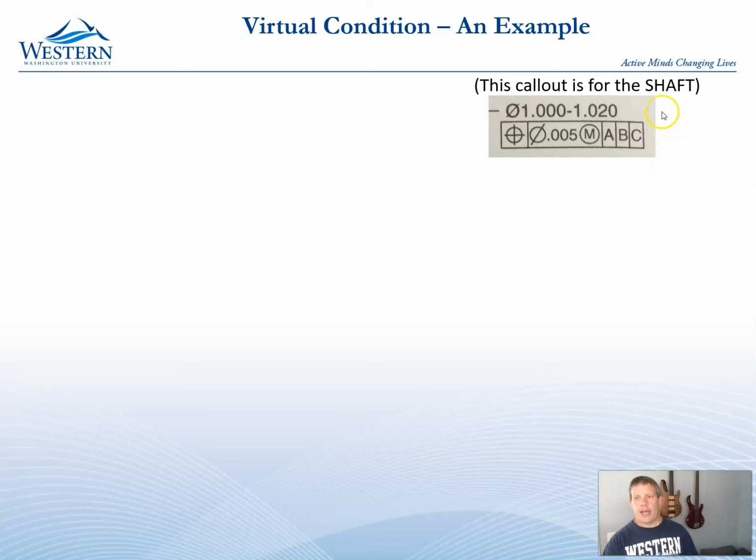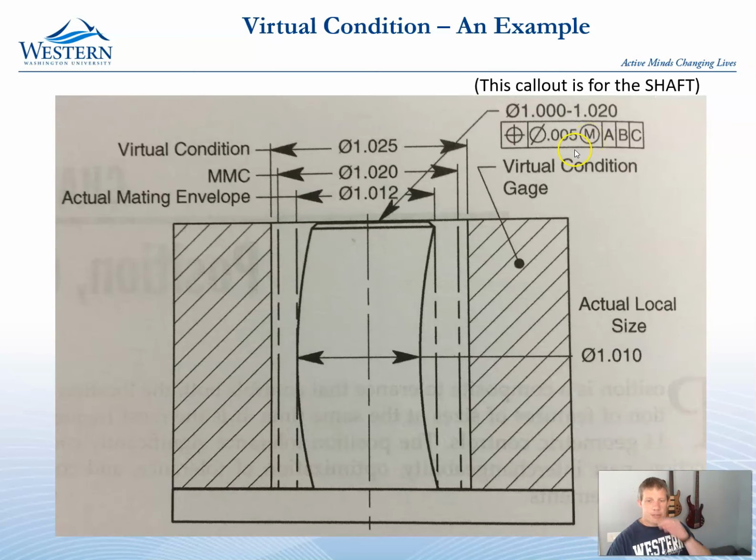So if we have a shaft called out, and the shaft can be between 1 and 1.020 inches, so it has a 20 thousandths tolerance on it, and then we have a diametral true position of 5 thousandths of an inch with a maximum material condition. Okay, so what does this mean? This means that when we look at this part, we have the 1 to 1.020.